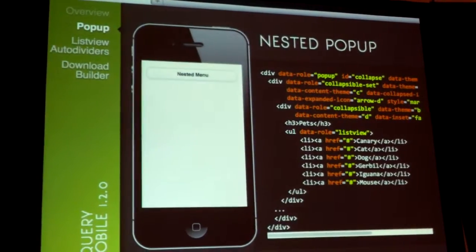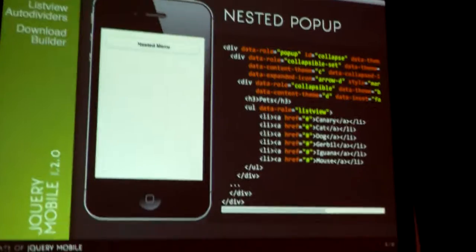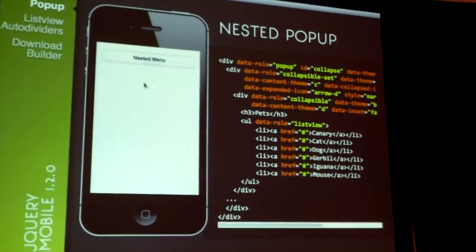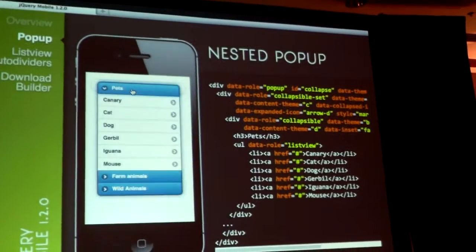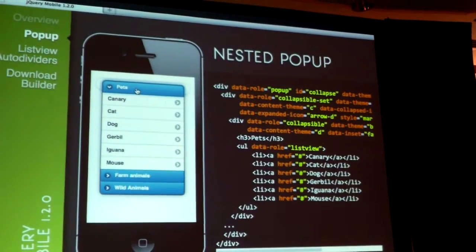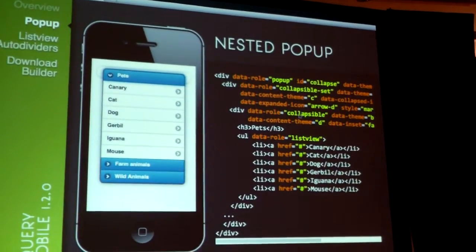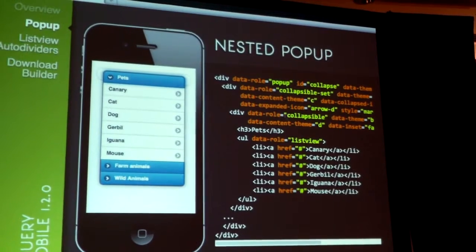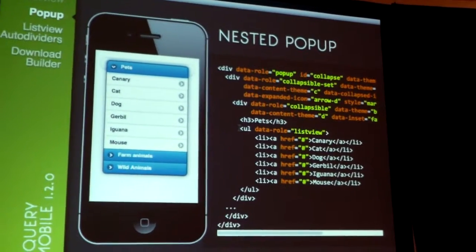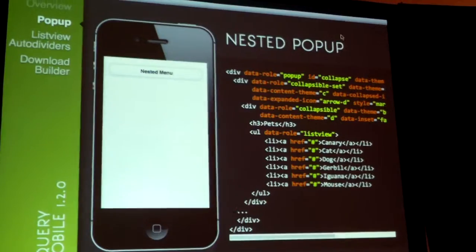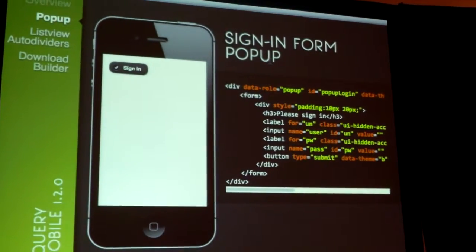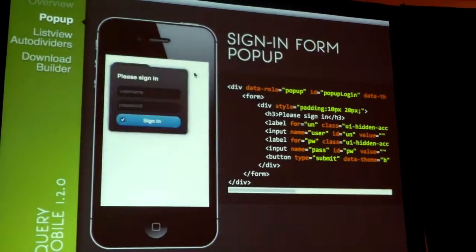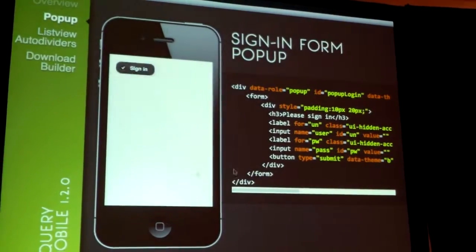Nested pop-up: now that we have this collapsible list view mode, we can have a menu that has submenus underneath it that's all nested, and we can use the collapsible set and the collapsible data-role elements to do that. We could also add a form into a pop-up and have something like a sign-in form. That's really easy.